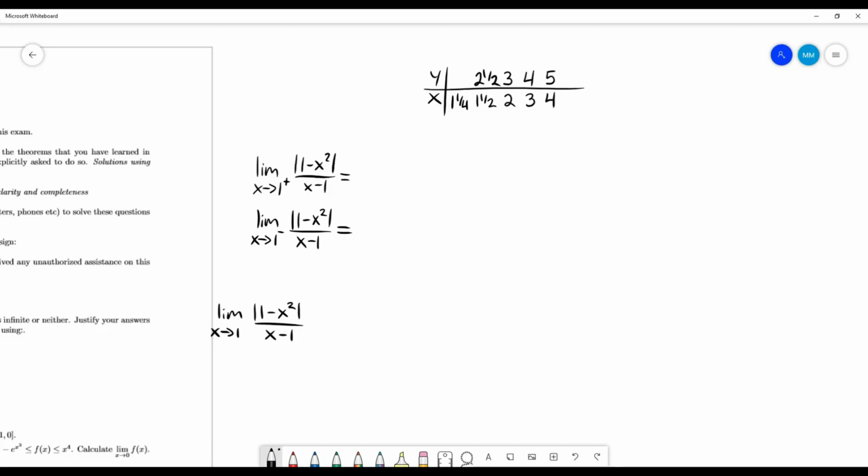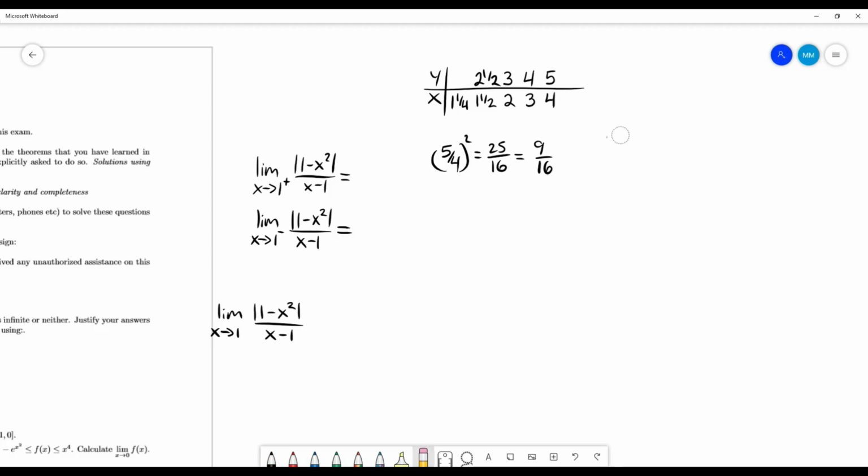Let's try that 1 1/4. I know 1 1/4 is the same thing as 5 quarters. This squared is going to be 25/16. 1 minus 25/16 is, I believe, negative 9/16, right? Because 25 minus 16 should be 9.